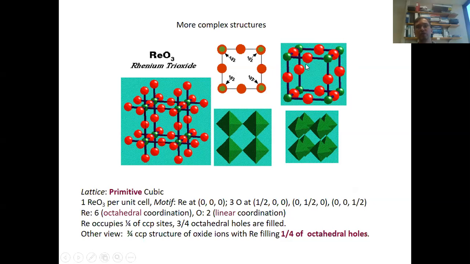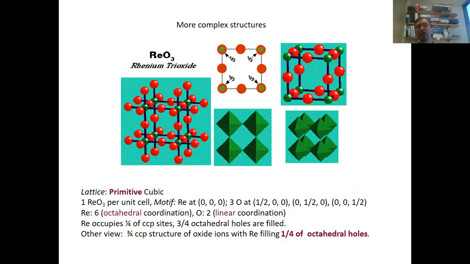What's interesting here is also that the oxygen is linearly coordinated by rheniums, which is a little bit unusual because when we think of an oxide ion, we think of an sp3 hybridized entity that likes to be tetrahedrally coordinated, or when the coordination number is 2, we have 2 electron lone pairs that are sterically active.